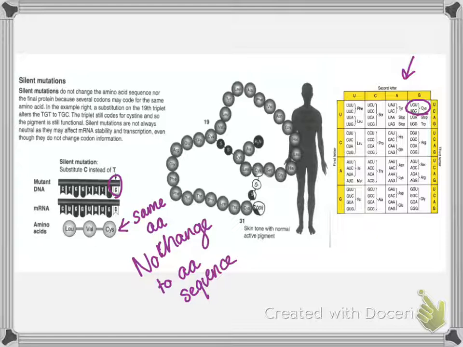So by chance, that T became a C, and now we have the same amino acid being made, and we have the same protein. So in this case, this melanin has the right shape. You get the normal skin tone. You get the nice brown color of your skin to protect against UV light.